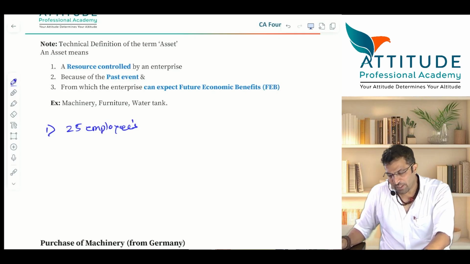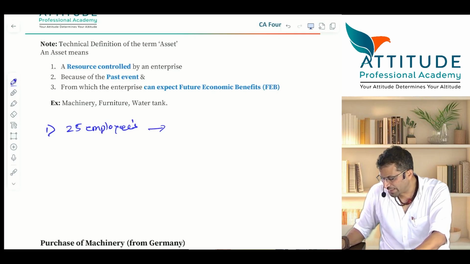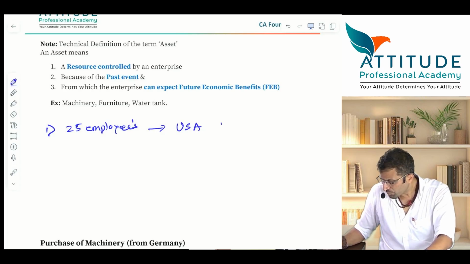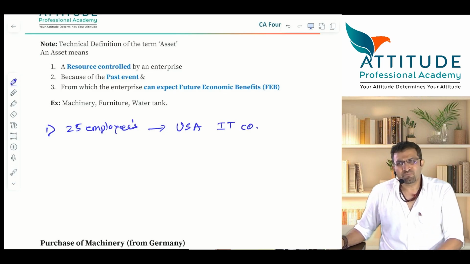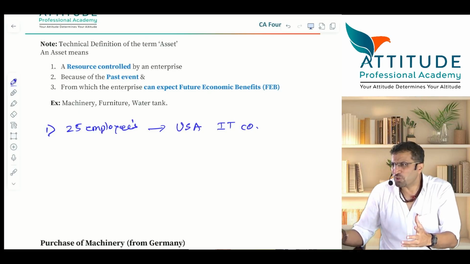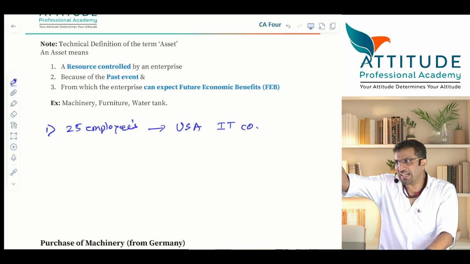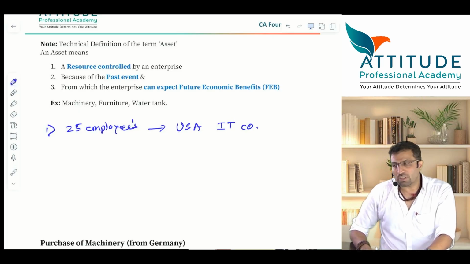I am sending them to the USA, United States of America, to set up my IT company, information technology company. Let us say I am similar to an Infosys or TCS or Wipro, but I want to set up my new company in the United States of America, one of the most advanced nations in the world.